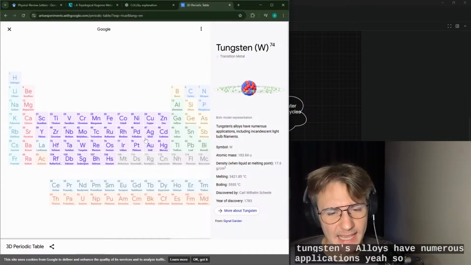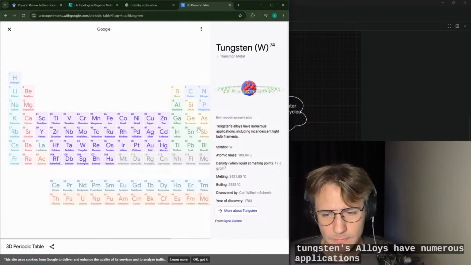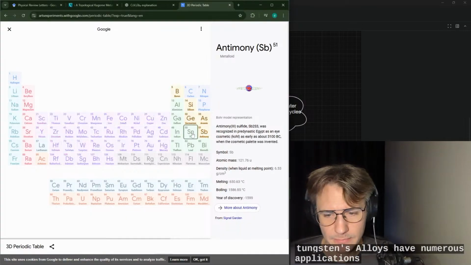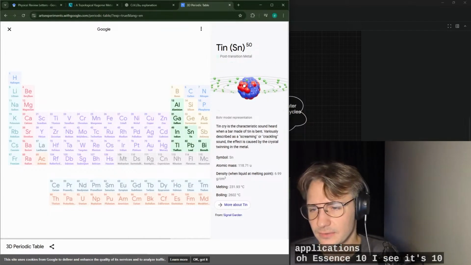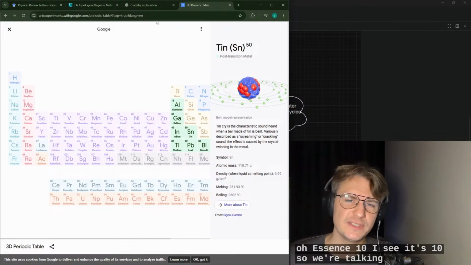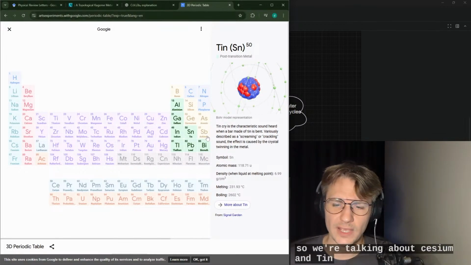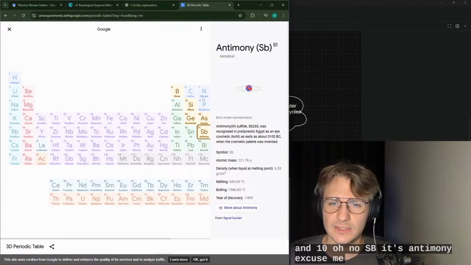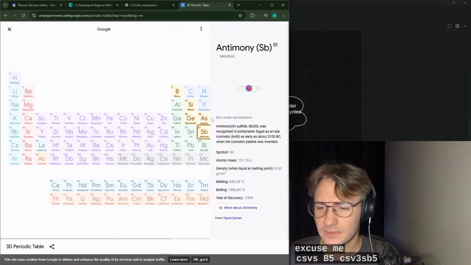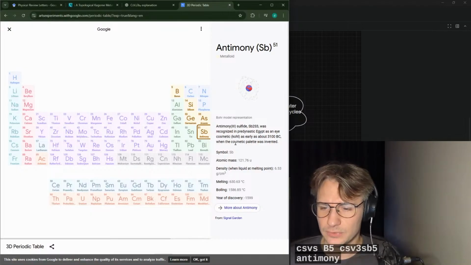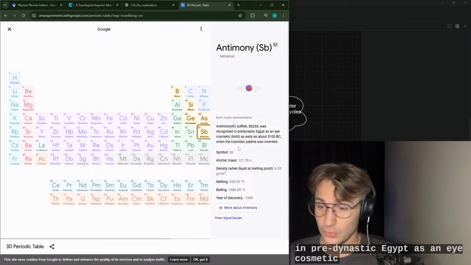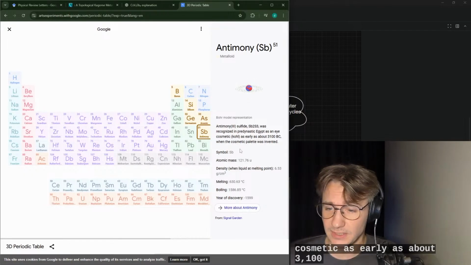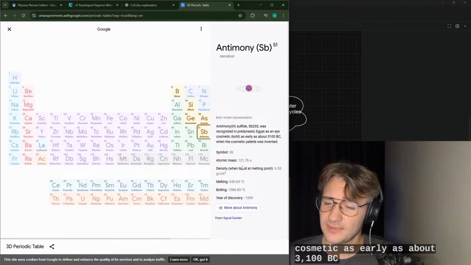Yeah, so is SN cerubandium? Oh, SN's tin. So we're talking about cesium and tin. Oh no, SB, it's antimony. Excuse me. CsV3Sb5. Antimony sulfide was recognized in pre-dynastic Egypt as an eye cosmetic as early as about 3100 BC, when the cosmetic palette was invented.